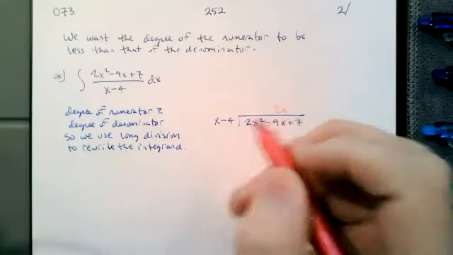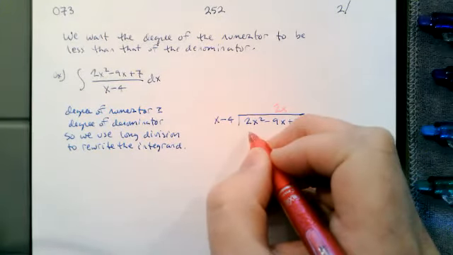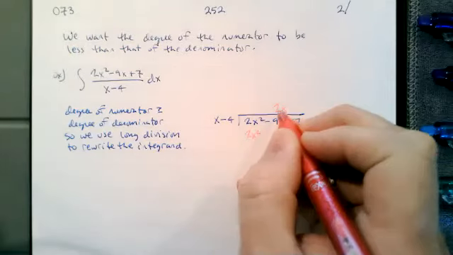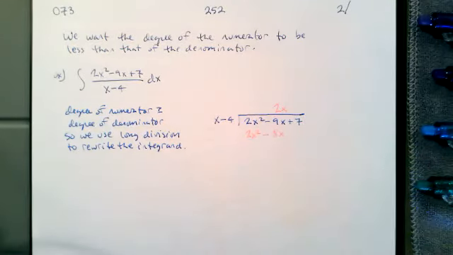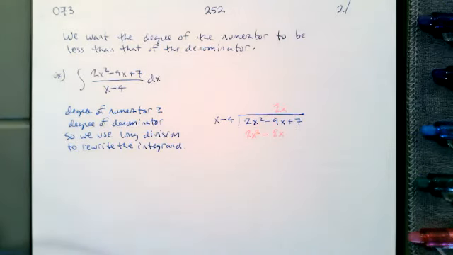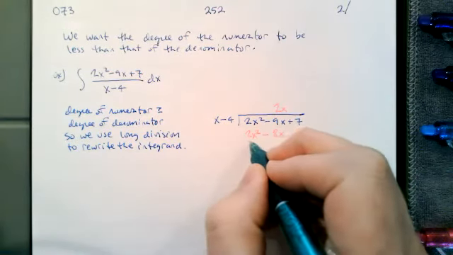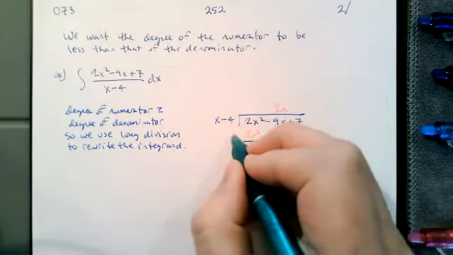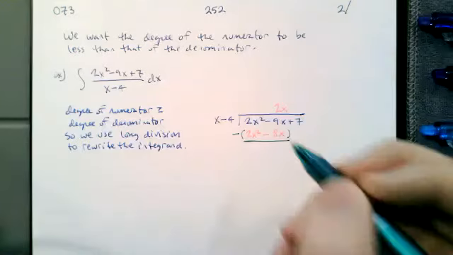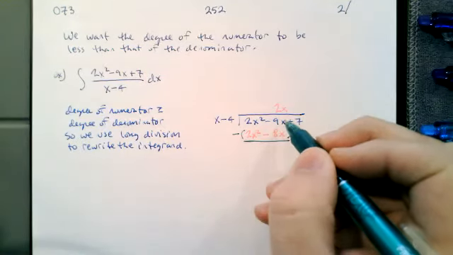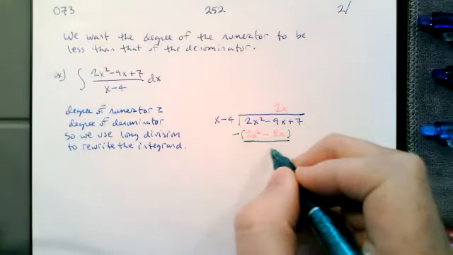Then I multiply 2x times x is 2x squared. 2x times negative 4 is negative 8x. And then we subtract. So we get 2x squared minus 2x squared. That cancels out. That always has to happen. Otherwise, we're doing it wrong. We have negative 9x minus a negative 8x is negative 9x plus 8x, which is negative 1x.